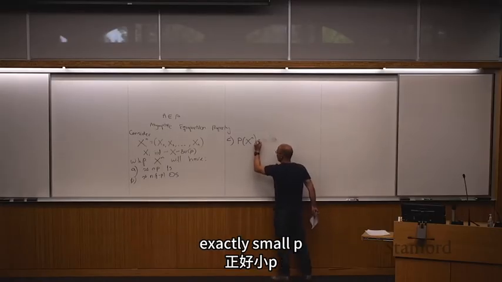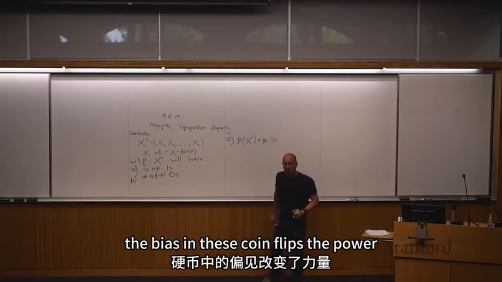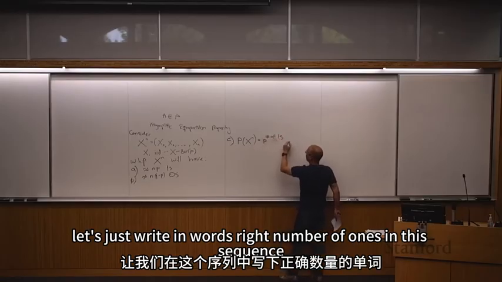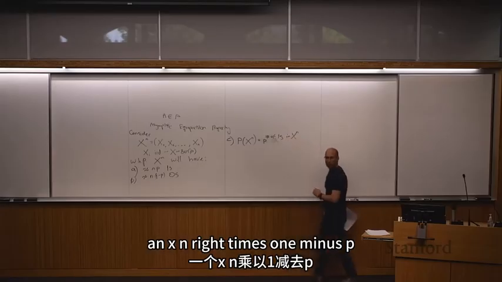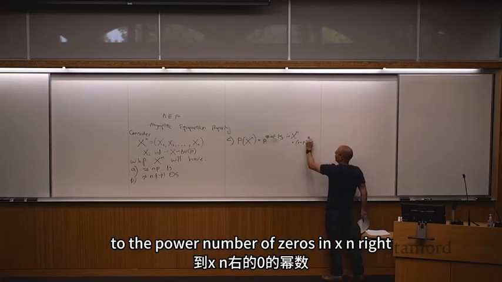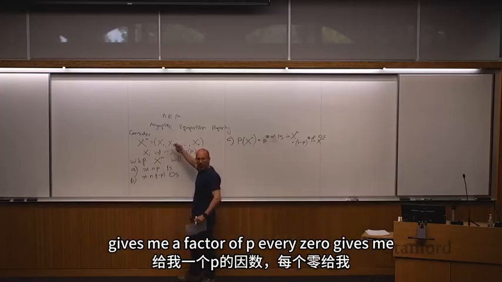So it's going to be, in fact, exactly small p, the small p that governs the bias in these coin flips, to the power of the number of ones in x^n, times 1 minus p to the power of the number of zeros in x^n. Every 1 here gives me a factor of p. Every 0 gives me a factor of 1 minus p.